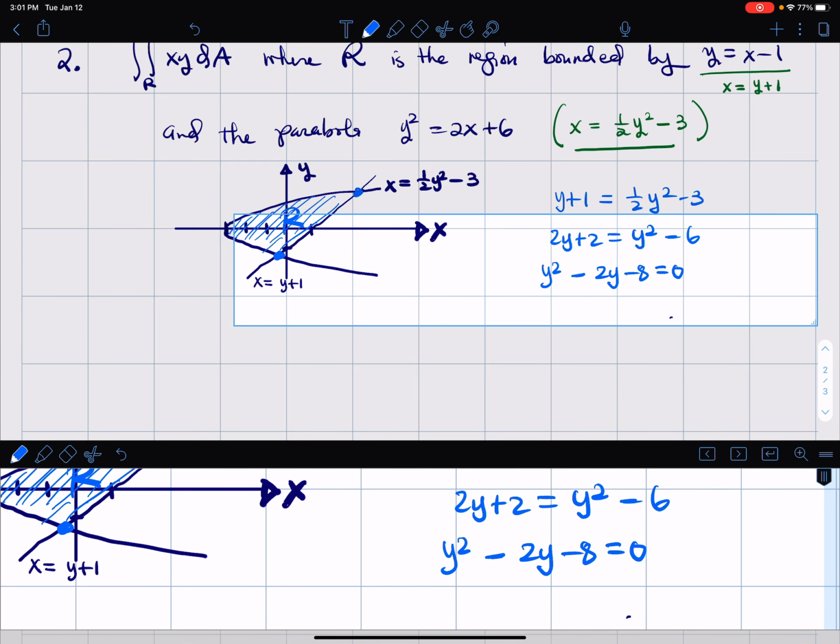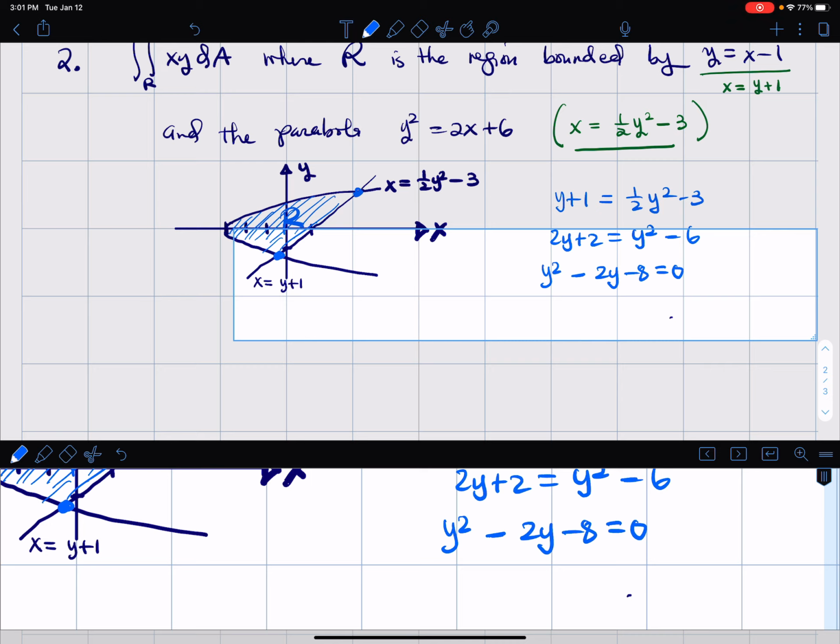When you solve this, I believe you get negative 2 and 4.